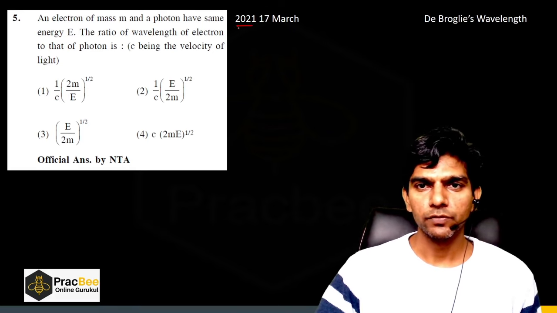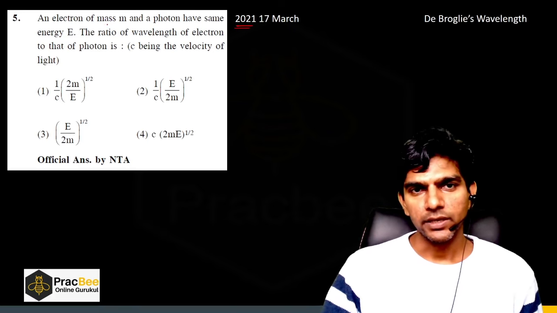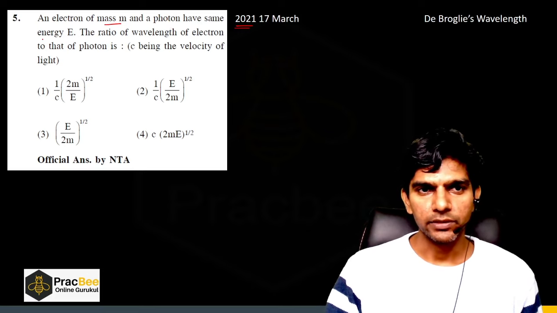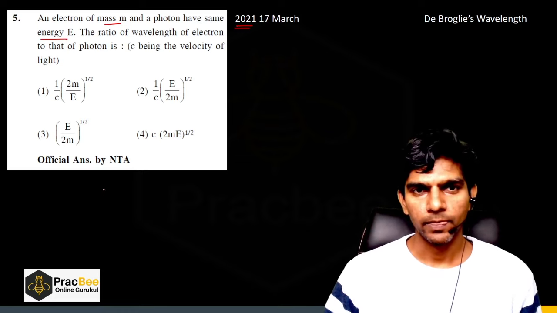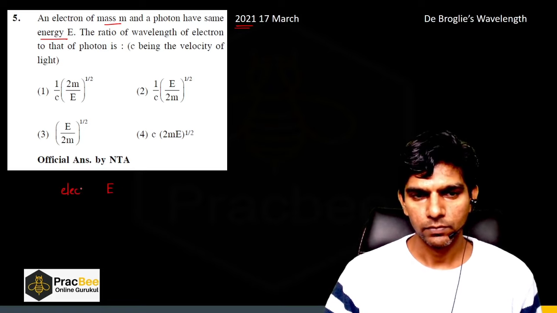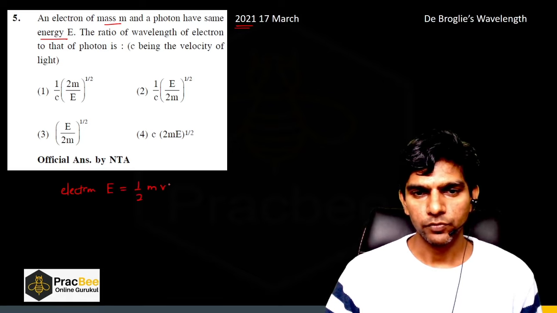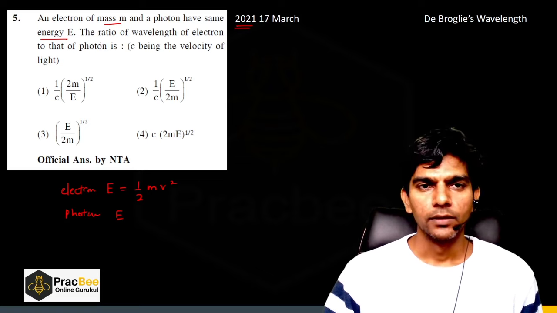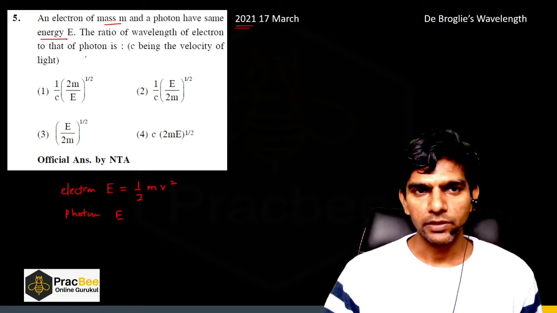It came in 2021. An electron of mass m and a photon have same energy. So there is an electron and they have the same energy. So we can say E for electron will be half m v square. And for photon, the energy is also same. The ratio of the wavelength of electron to that of photon.